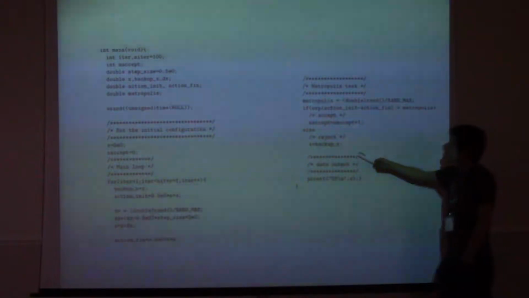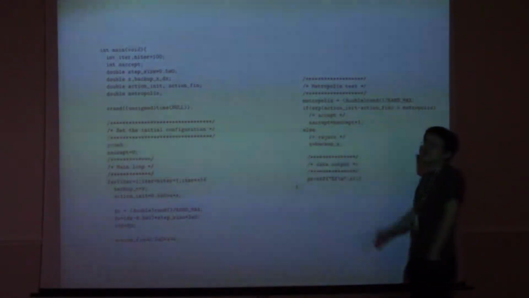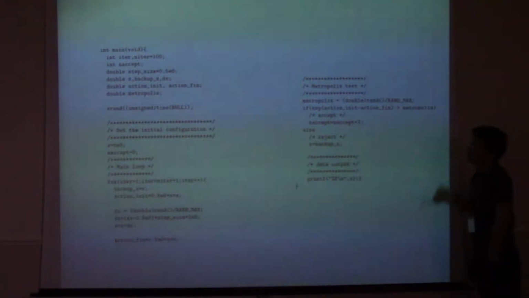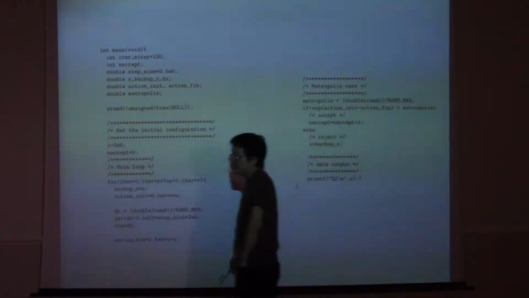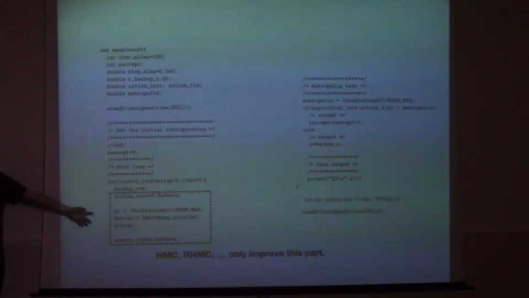Otherwise, send x back to the previous value so that x doesn't change. So this is the so-called Metropolis test. And in other much more efficient algorithms like HMC or RHMC, what we do is we just improve this updating process. Other parts don't change.